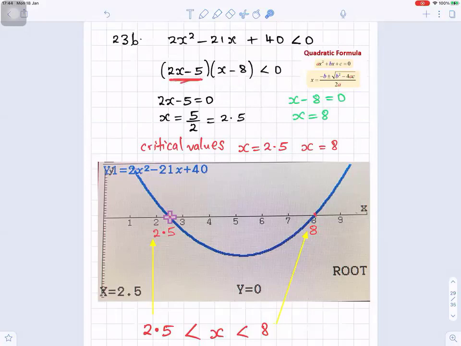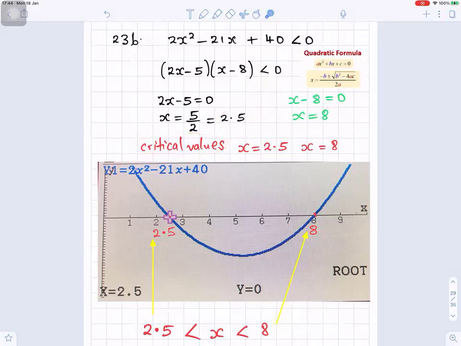So 2x minus 5 is equal to 0. Take 5 to the right-hand side. x will be equal to 5 divided by 2, or 2.5. And x minus 8 is equal to 0, so x equals 8. So x equals 2.5 and x equals 8 are called critical values.